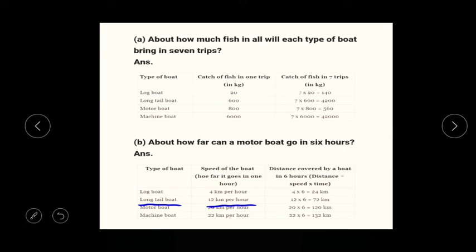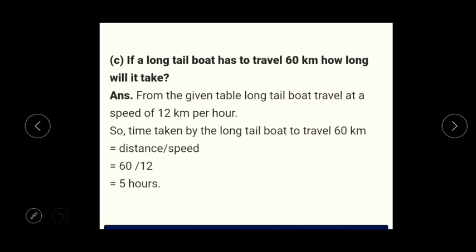That is, in 1 hour it travels 12 km. So for 60 km, how long will it take? For that we have one simple formula.